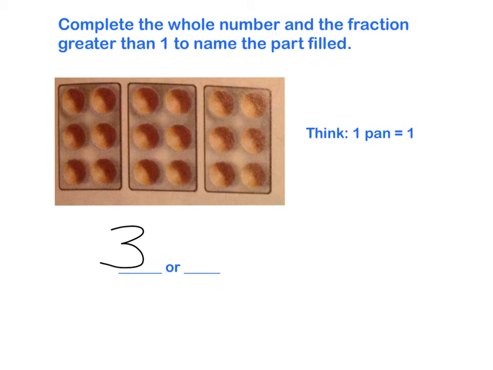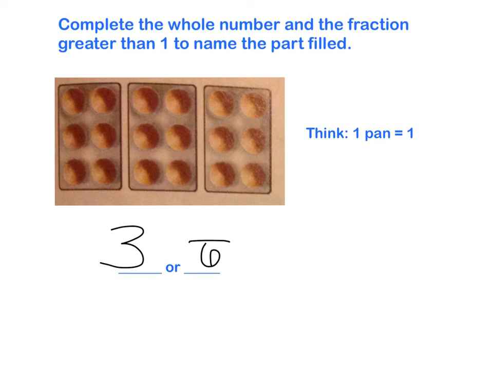Now I want to write my answer as a fraction greater than 1 to name the part filled. I see that each pan has 1, 2, 3, 4, 5, 6 muffins in the pan. So since each pan has 6 muffins, 6 is our denominator.